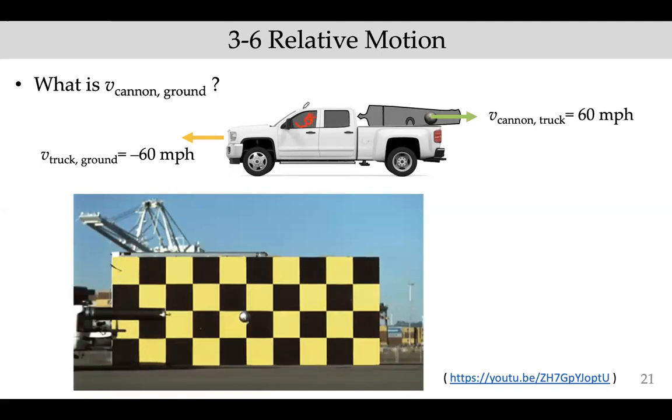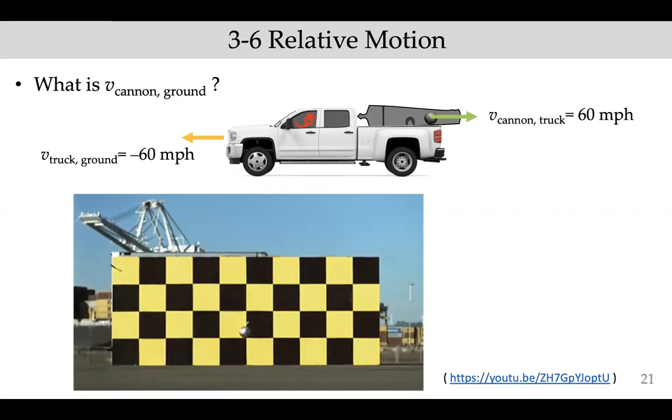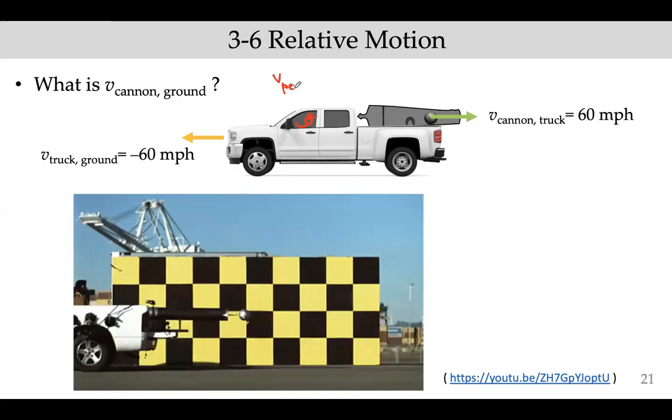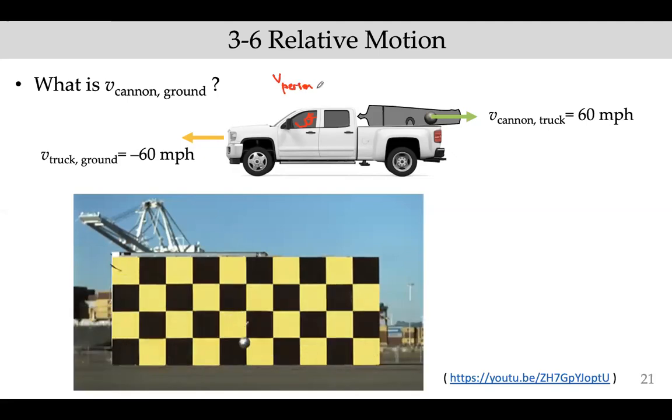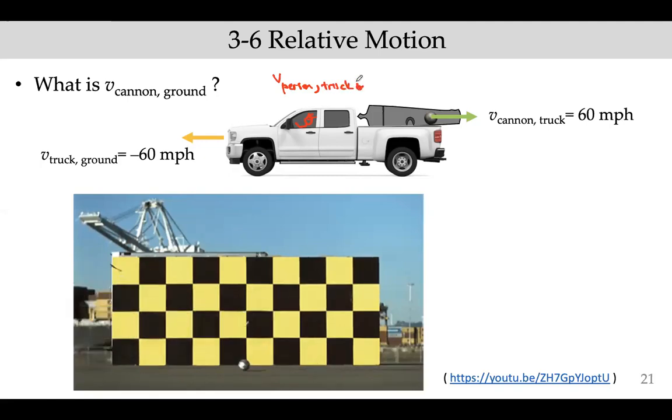You have a speed with respect to the truck. So the velocity of the person with respect to the truck, what is it? That speed is 0, right? You are not really moving with respect to the truck, so that will be 0.